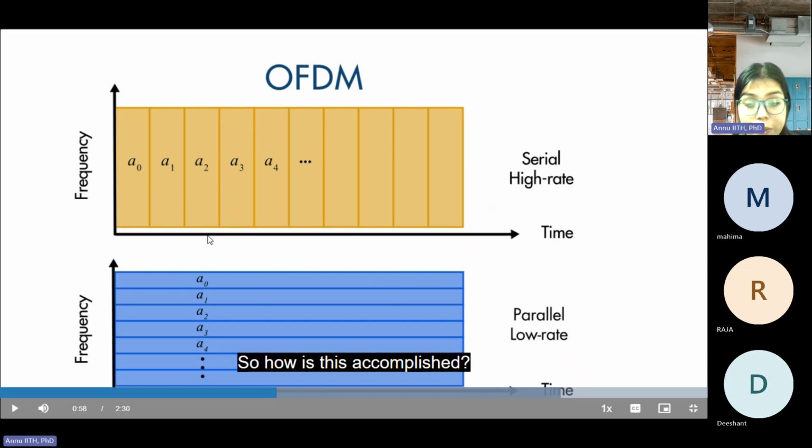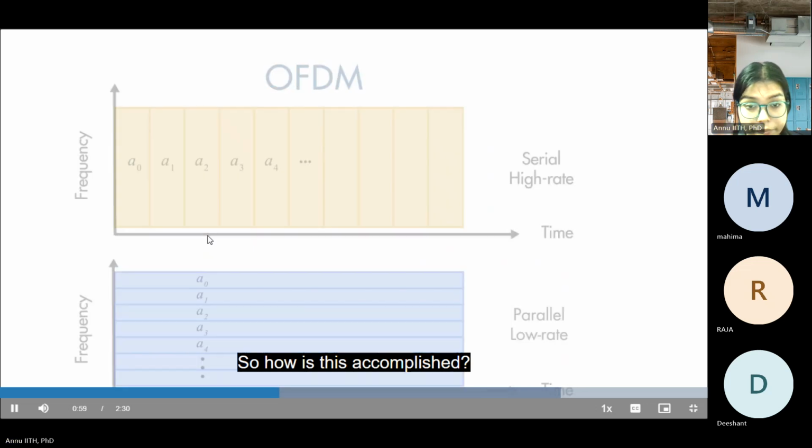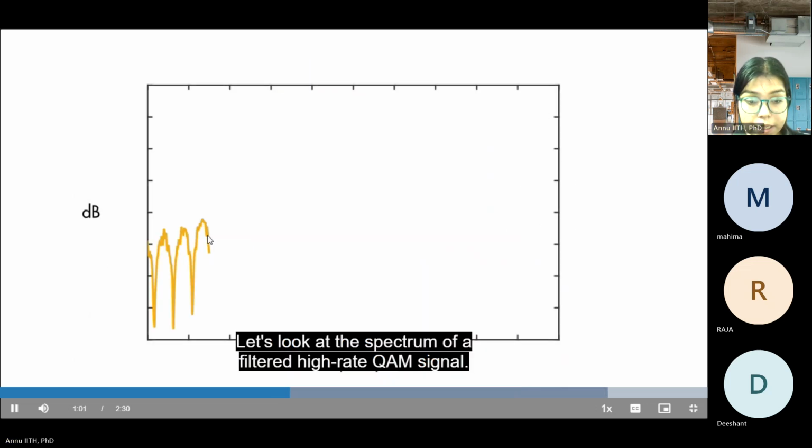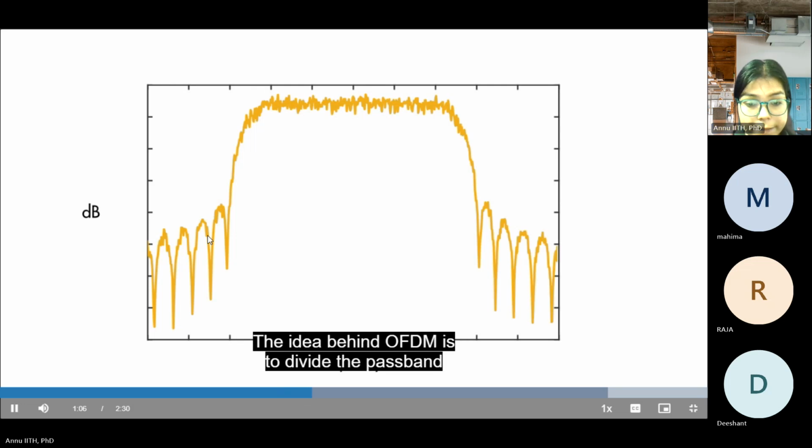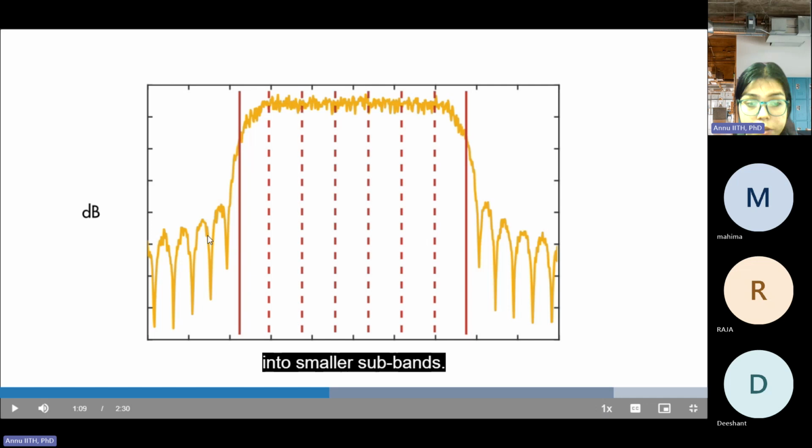But the question is, how is this accomplished? So let's look at the spectrum of filtered high rate QAM signals. You can see here, the idea behind OFDM is to divide the passband. The passband is where the signal is high; there only you are transmitting the signal after filtering.